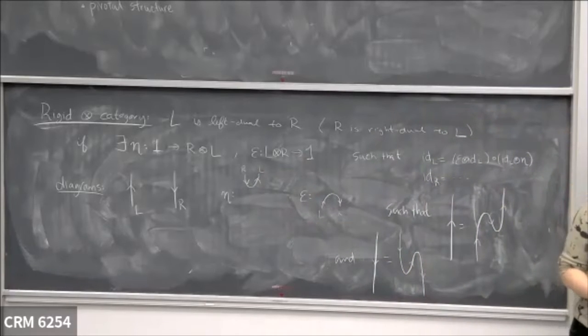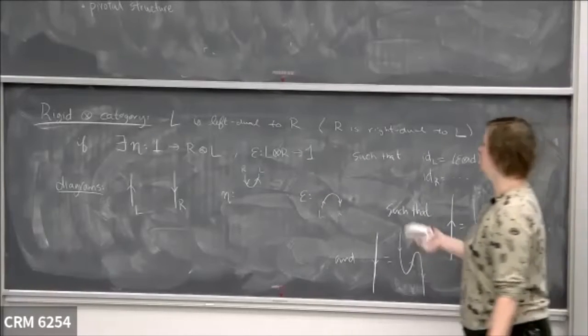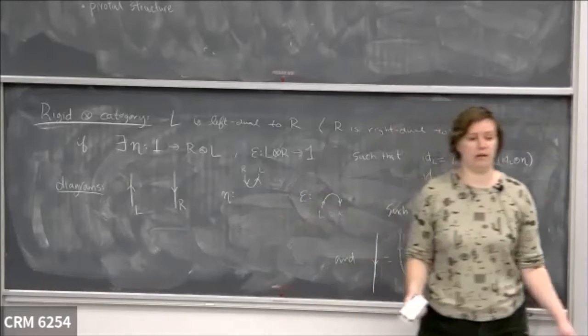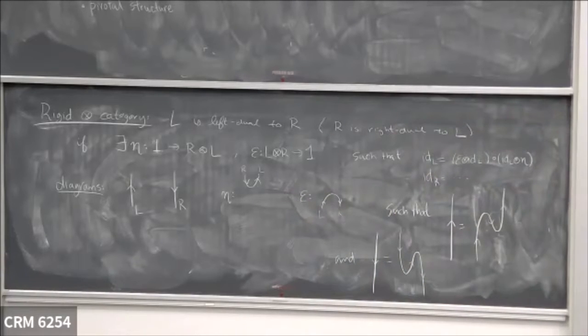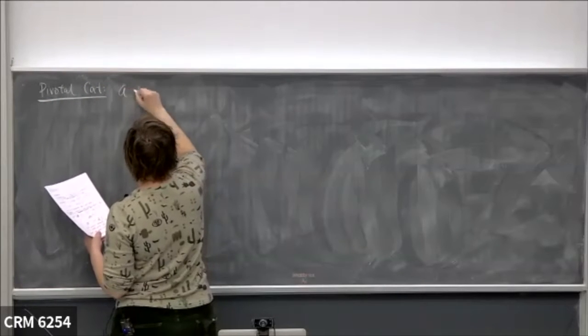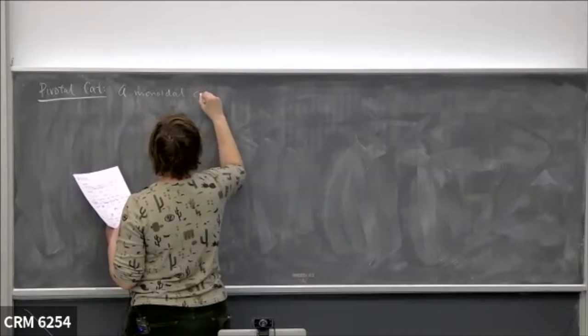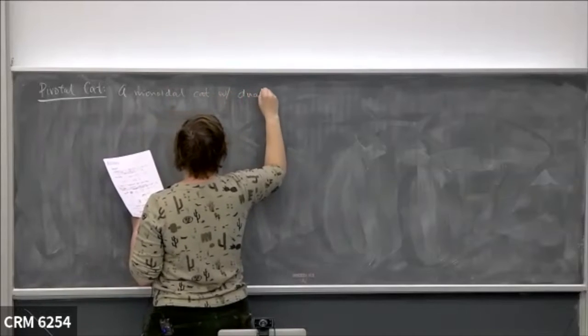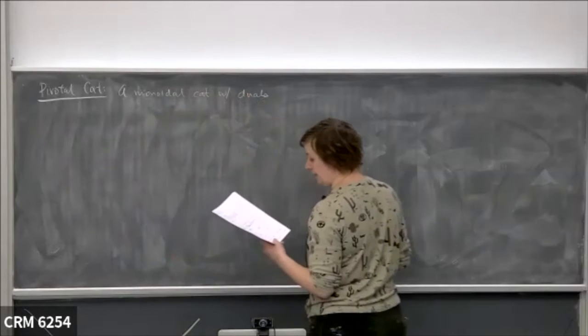Okay, so the thing about this that's very frustrating is that if you just started drawing, as you saw here, 50% of the time you'll draw a cap or a cup that's not in the set of caps and cups that we are working with. So we are particularly interested in pivotal categories because they solve that problem. They give us all of the caps and the cups that we need. Okay, so a pivotal category is a monoidal category with duals, meaning that every object has a right and a left dual.